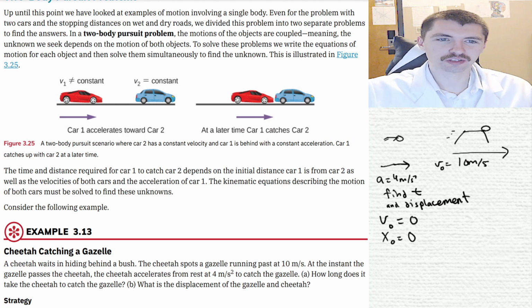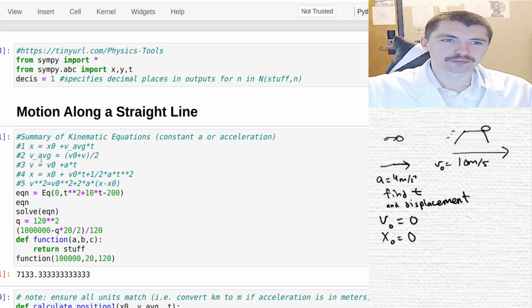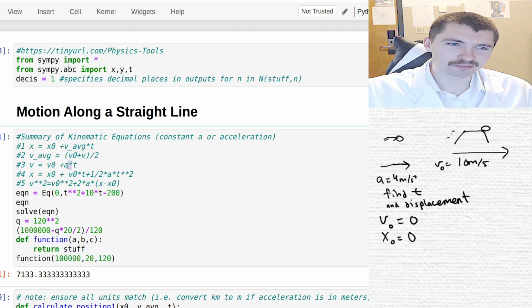Okay, so let's look at our equations. Trying to find t. So nothing sticking out. Maybe this. No. This is close.